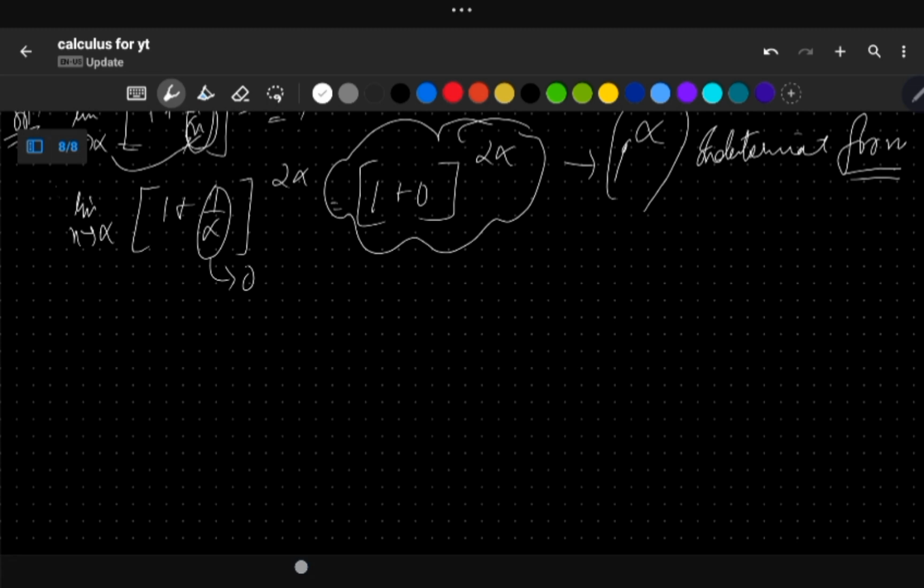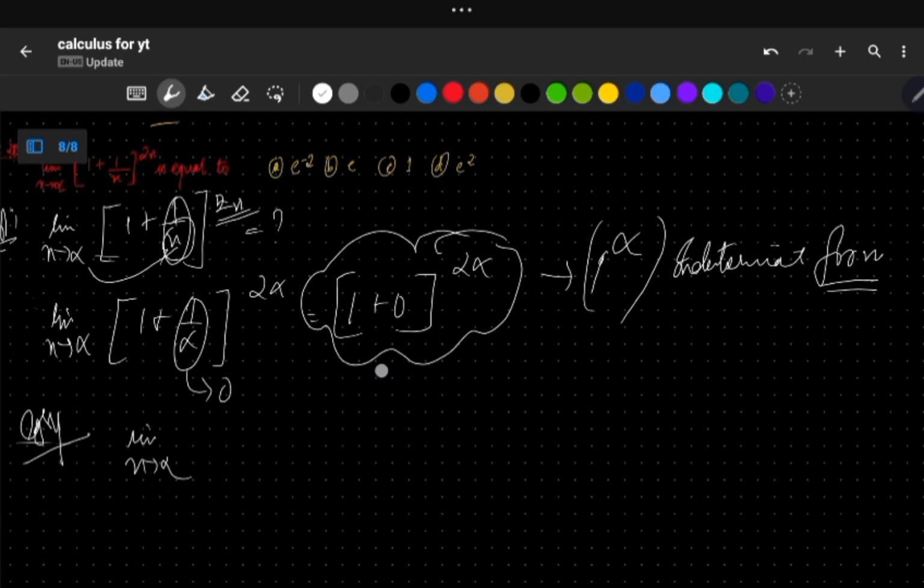After that, we can take another approach, the easiest way, I would say. Limit x tends to infinity, we take log.